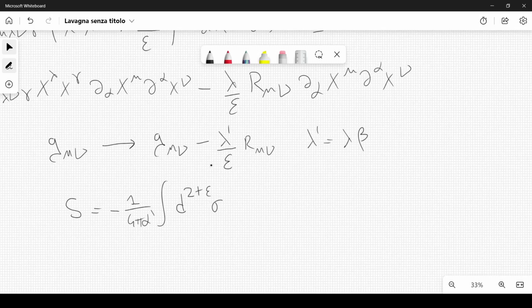We will use the dimensional regularization. I want to show you why. So we have this plus epsilon here. G mu nu minus lambda prime over epsilon r mu nu d alpha x mu d alpha x nu. Then we will let epsilon go to 0.